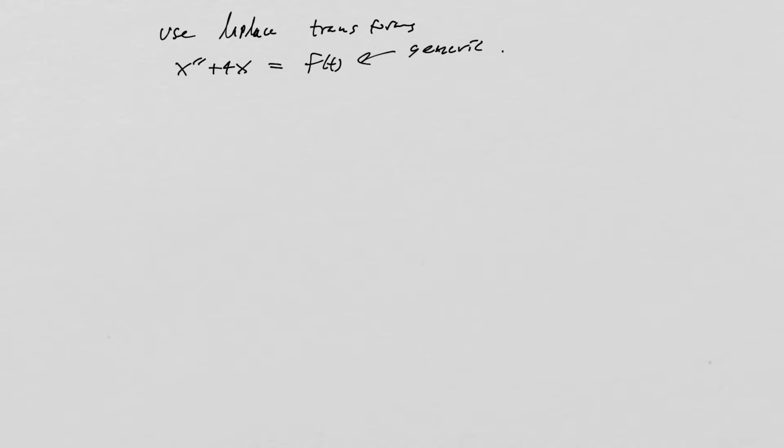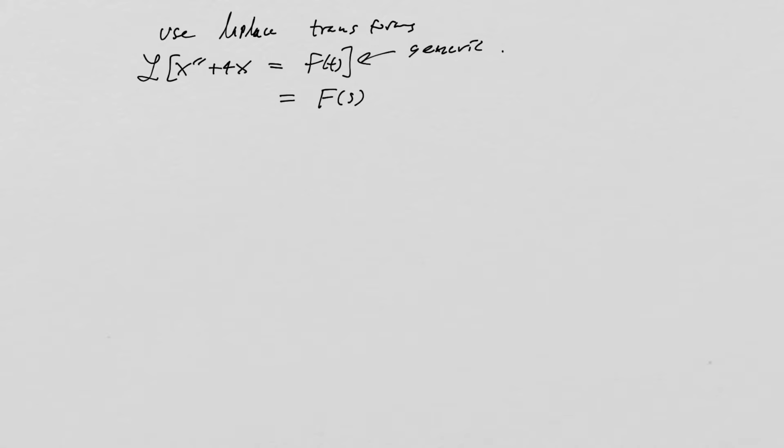So of course we're going to use Laplace transforms. So we have x double prime plus 4x is equal to f of t. I'll just put this to be generic for now, okay? Of course, we know the solution is to use our Laplace transform on the whole thing.